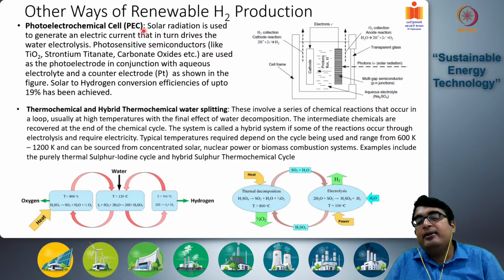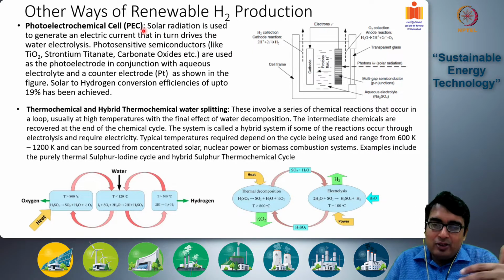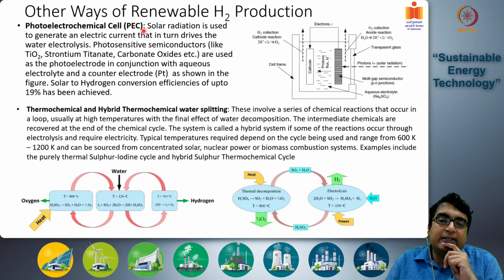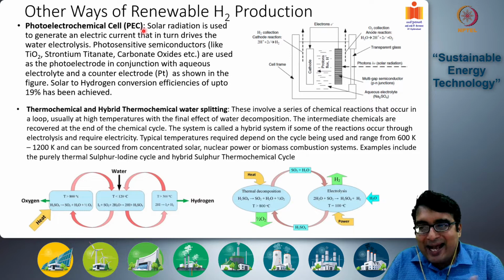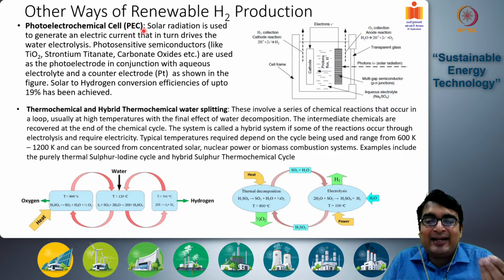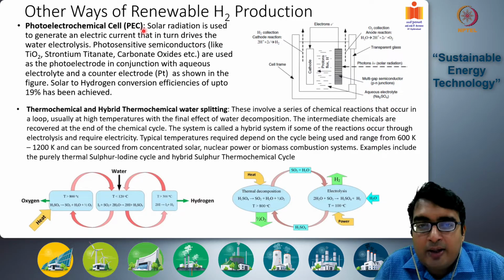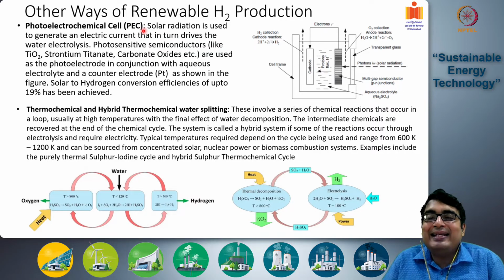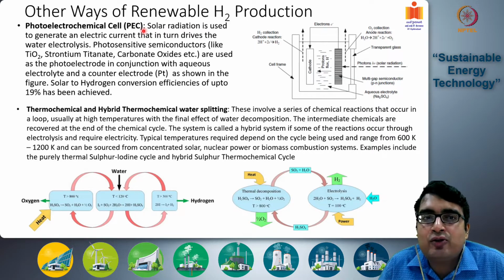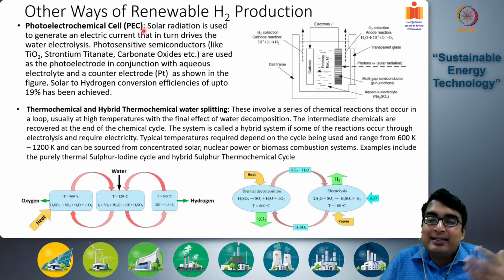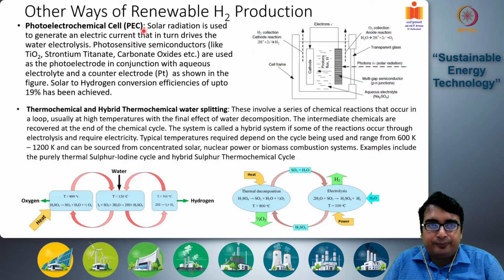Basically, sunlight is incident on a photosensitive material which generates electricity from sunlight as you do in a solar cell, and that electricity is directly used in splitting water into hydrogen in the same cell. That is why it is called a photoelectrochemical cell rather than a standard electrochemical cell.